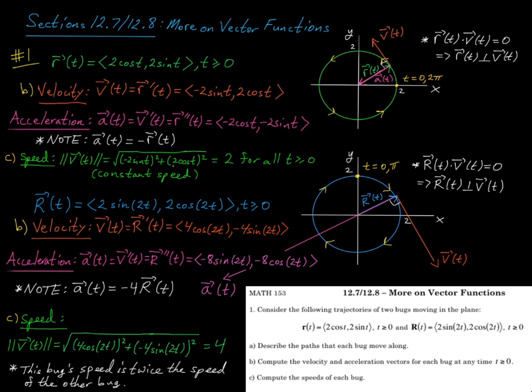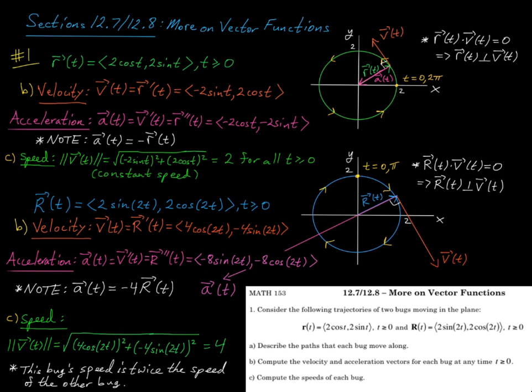From the Pythagorean identity, that simplifies to 4 under a square root, so that is equal to 2. And so notice here, the bug is moving with constant speed as it moves around this circle, and that constant speed is 2.